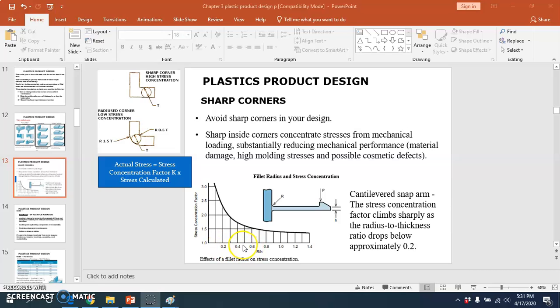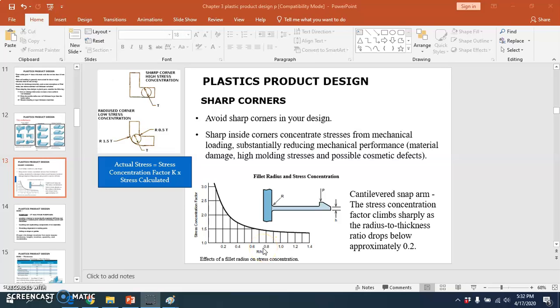When R over H is less than 0.5, the stress concentration is quite high. For radius over height of 0.5 and above, the stress concentration factor gets lower.